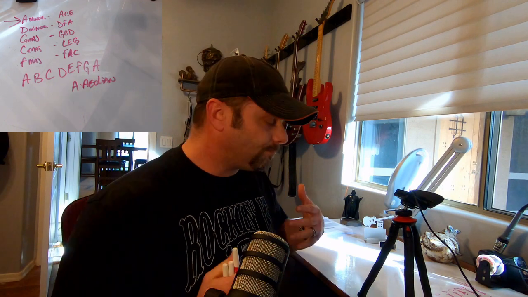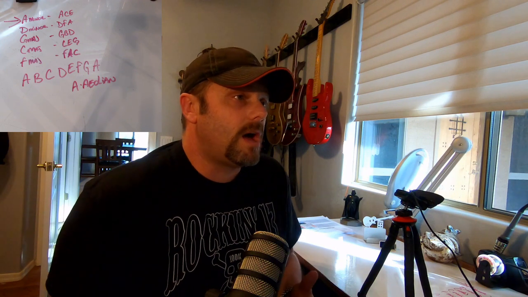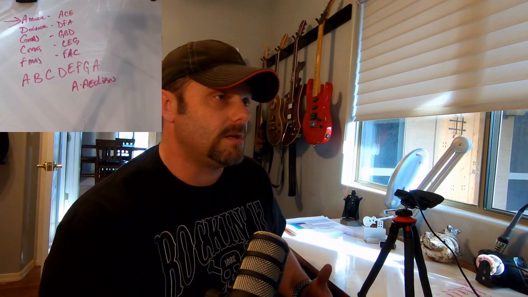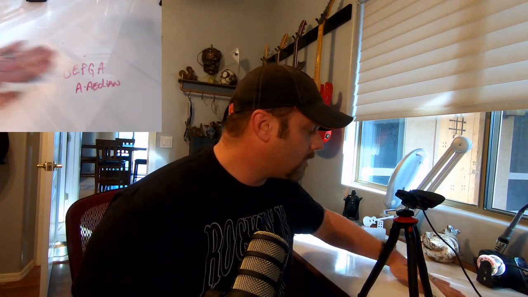I hope that makes sense, and I hope that helps. So, I mean, that's really the nuts and bolts of modes, and how to use modes, and how to find out what mode something is in, right? It's all based off of the song structure itself, off the chord progression.